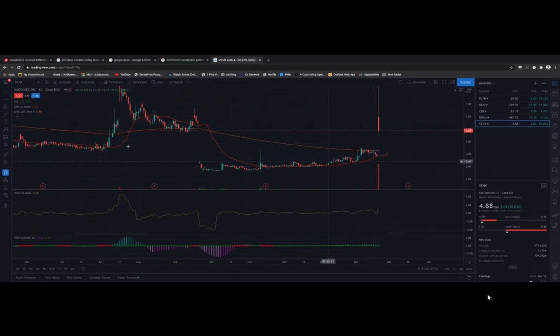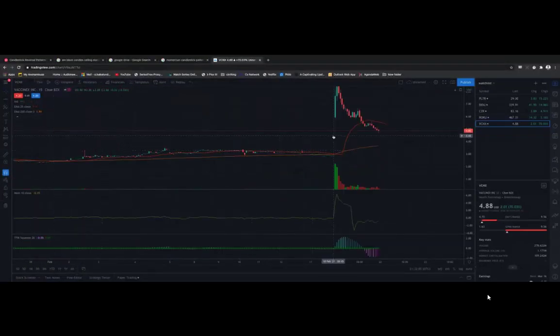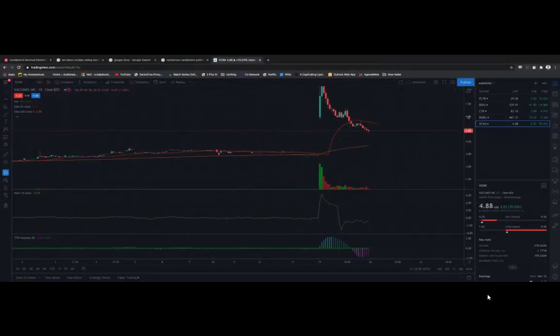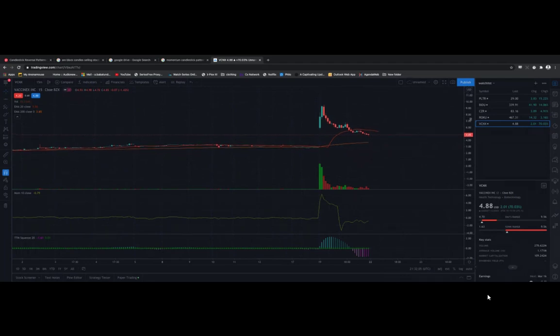But let's zoom in and see if we can see anything, because I'm just talking about how you can trade off of our watch list using one level of technical analysis, and that level is only going to be candles. So looking at this here, as we moved into the open of the day, we see this large candle with a very low bottom wick.